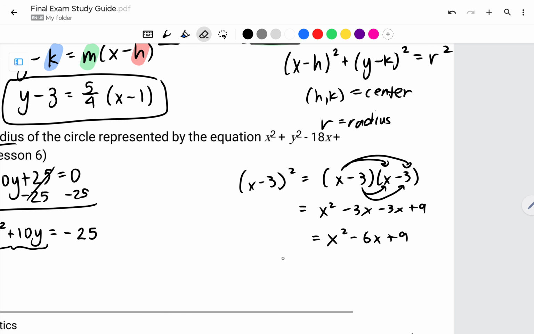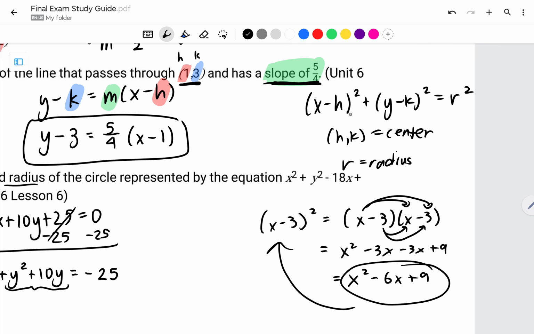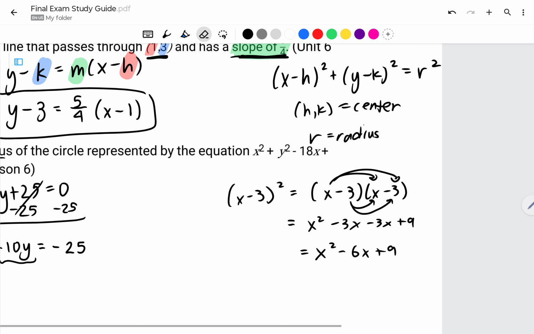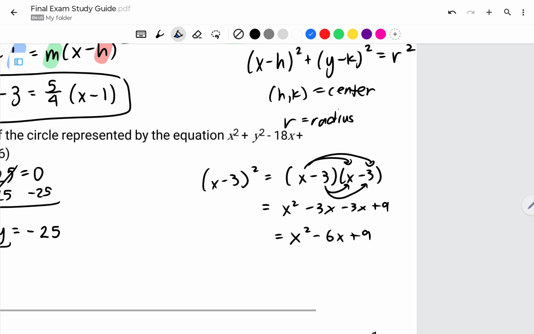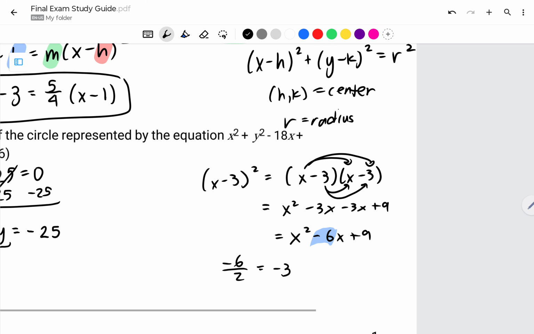How can we go backwards? Because we want our equation to look like this, right? So the pattern that we found was, wait a minute, negative 6, if we divide that by 2, what do we get? That's negative 3. Wait, I see that negative 3 right here.